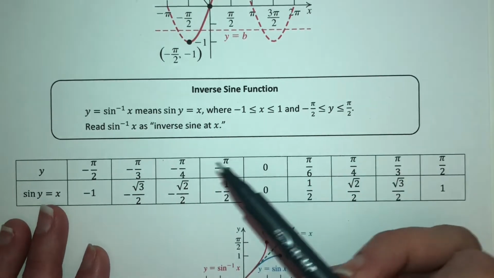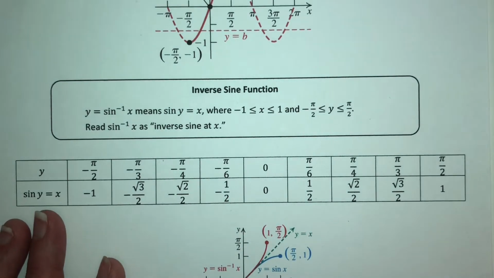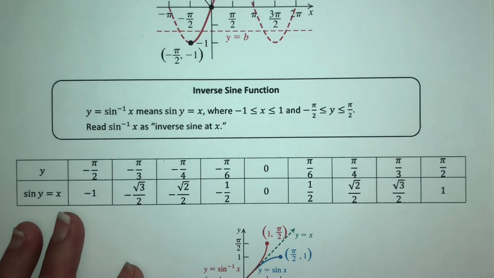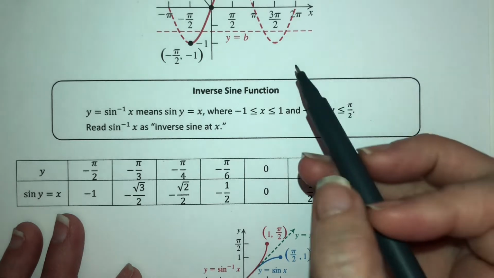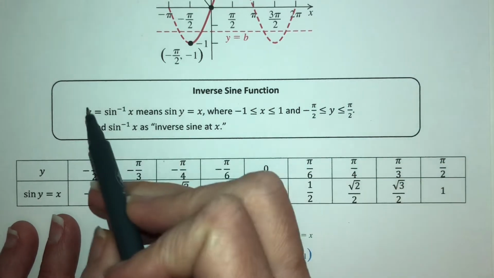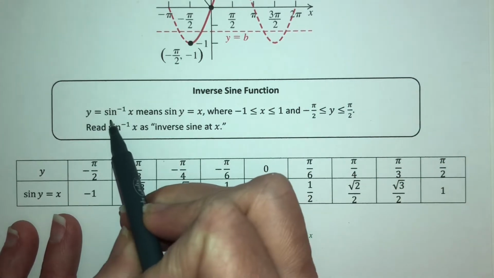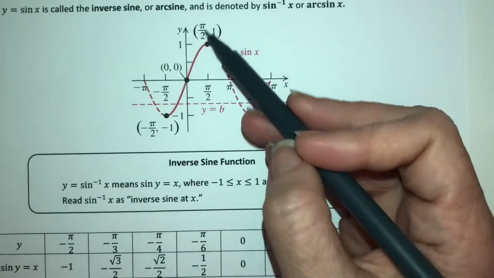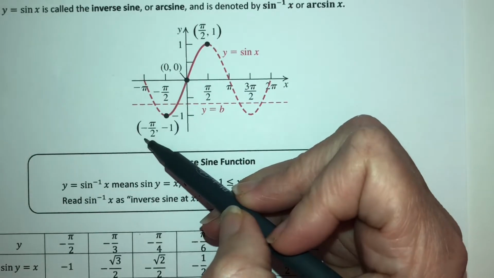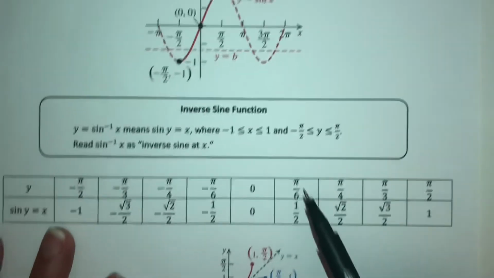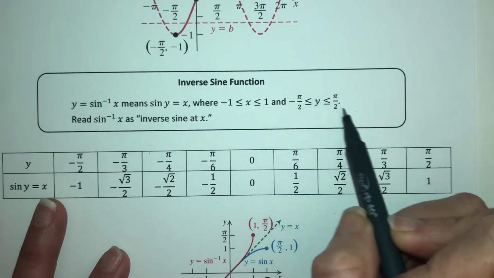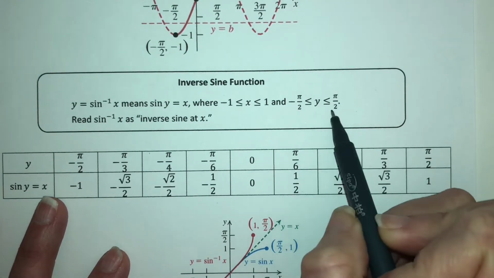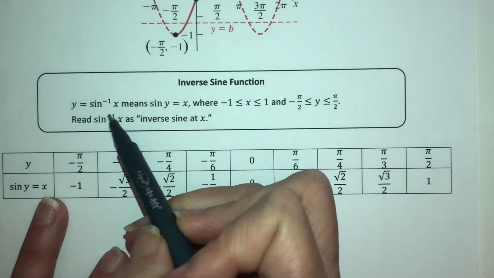Okay? Remember that domain and range are switched between inverse functions. So the range of sine is -1 to 1, so that is the domain of inverse sine. Now, we had to restrict the domain here between -π/2 to π/2, so that is the range of answers to inverse sine.